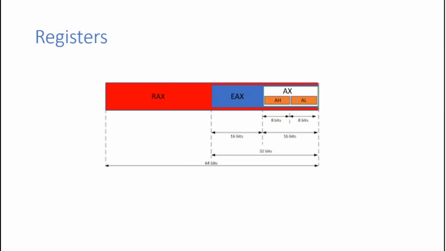In a 64-bit operating system, register RAX is available with a size of 64 bits. In a 64-bit operating system, all registers can be accessed in 16-bit as well as 32-bit modes. In 16-bit mode, the register is identified by its 2-letter abbreviation.